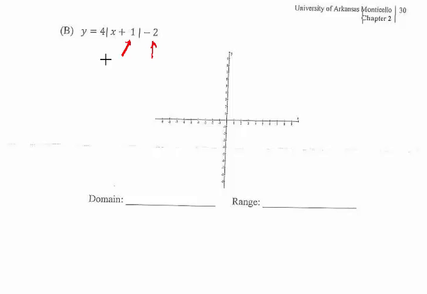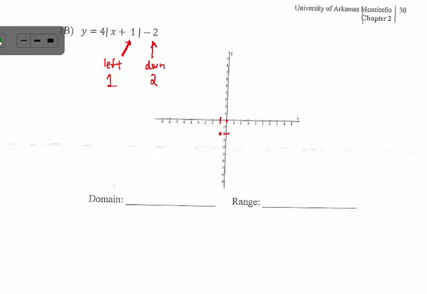We want to shift it left 1, and then we want to shift it down 2. So instead of starting here at the origin, we're going to go left 1 and down 2.